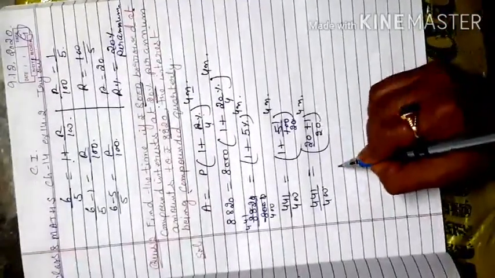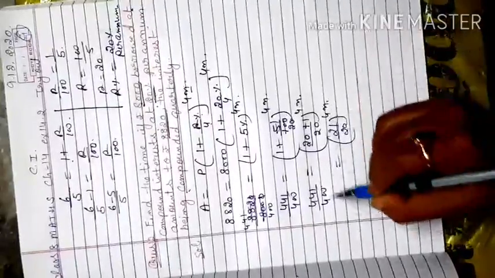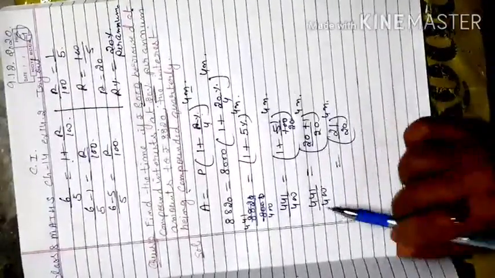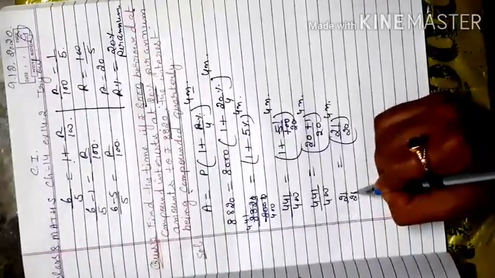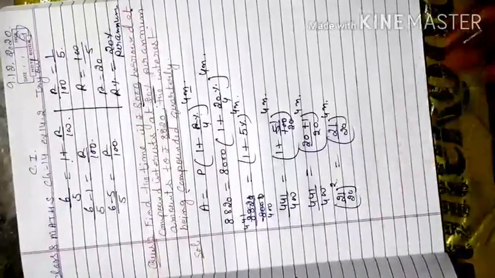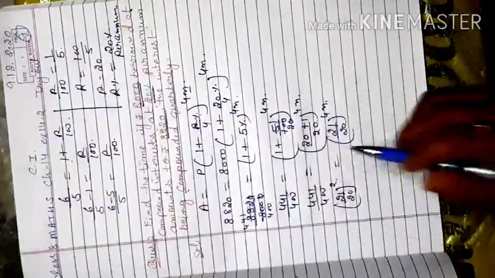So if there is (21/20)^(4n), when we check it here, is there a possibility of 21/20 here? Yes, it is (21/20)^2, because when you multiply 21 two times, you get 441, and 20 two times gives you 400.